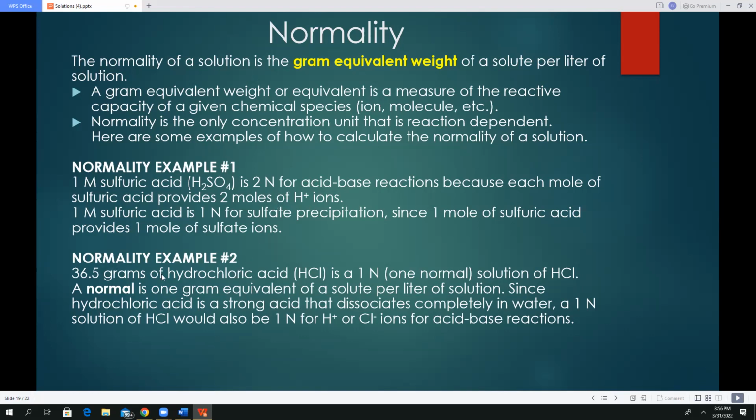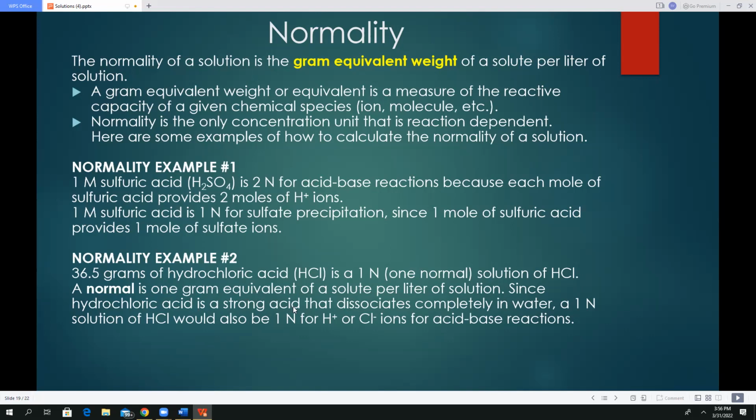Here's another example. Hydrochloric acid is 1 normal because it has only 1 H. A normal is 1 gram equivalent of solute per liter of solution.